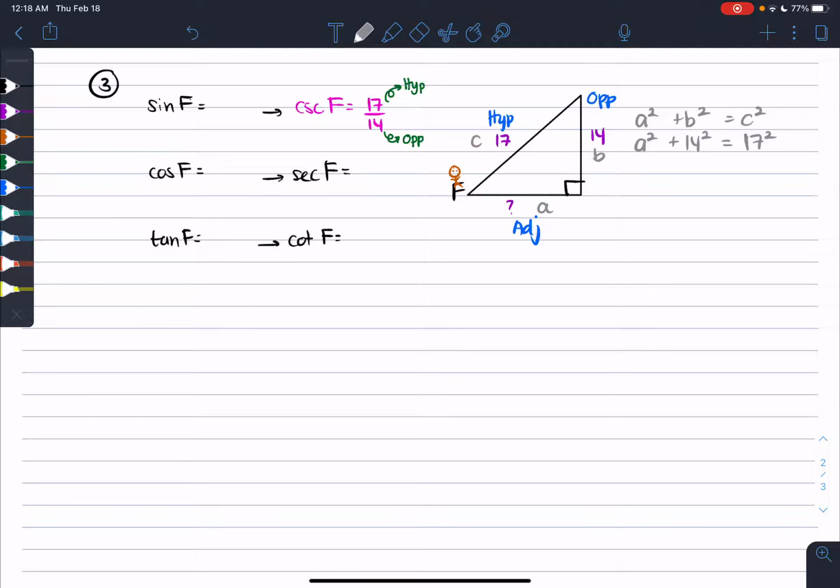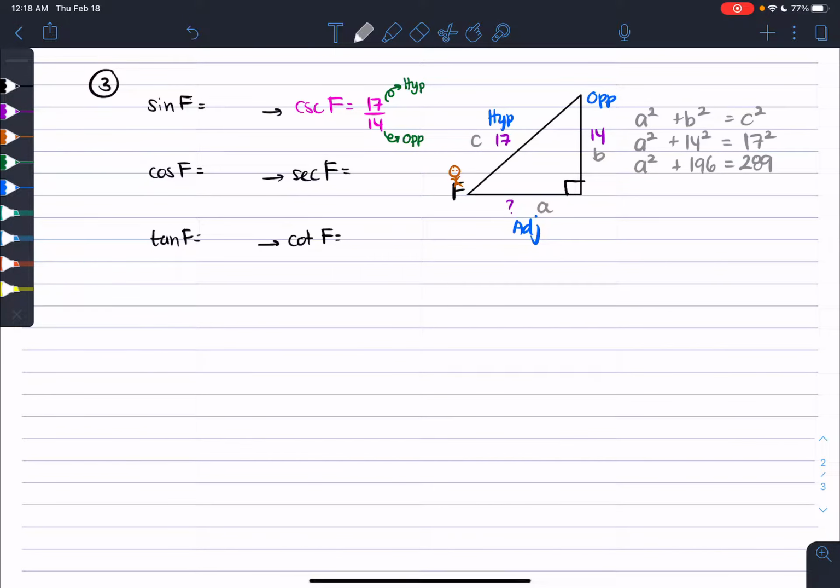And if you require a calculator for this part, don't worry. We end up with a squared plus 196 equals 289. When we subtract 196 from each side, we get a squared equals 93.